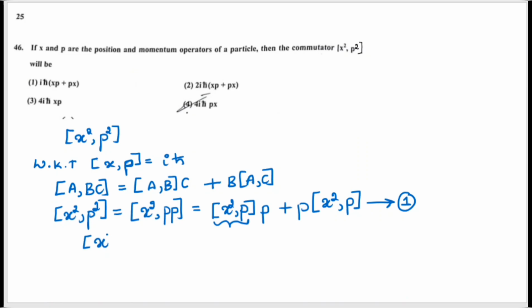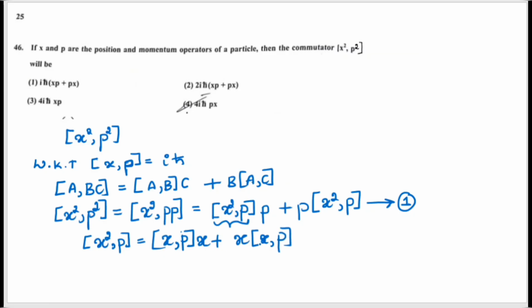Now what is the commutation of x square comma p? According to this identity, if I expand this, I'll get x comma p into x plus x into x comma p.